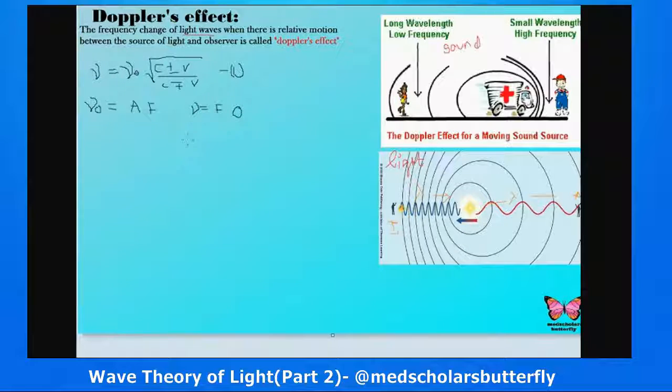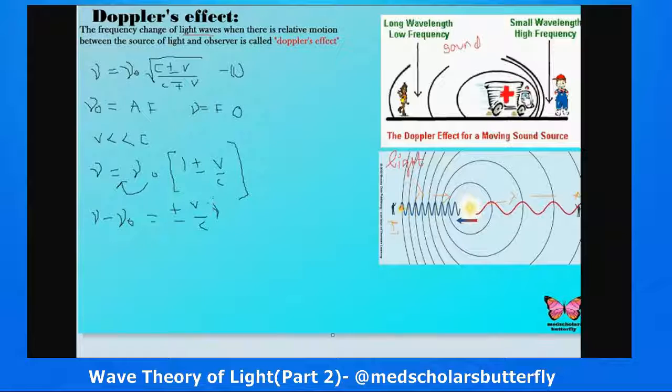Okay, so what will happen if the velocity is very small compared to the speed of light in vacuum? Our equation will become f prime equals f times (1 plus minus V by C). Then we will take f here and subtract, it will become plus minus V by C, using the binomial expression.